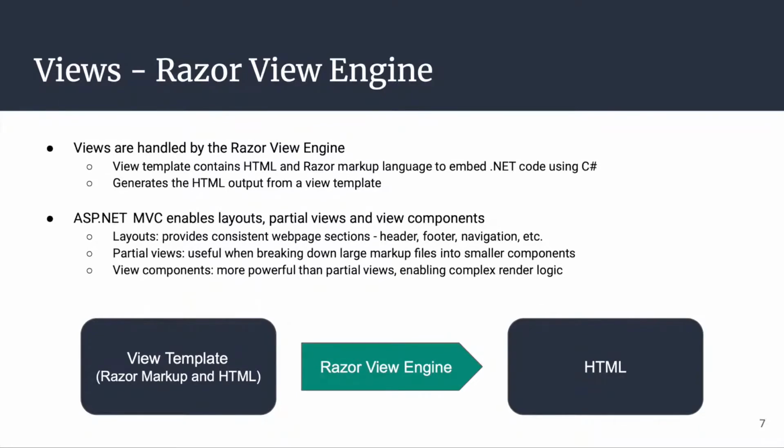An example of this is an author biography in a blog website, which may appear multiple times in many different views. On the other hand, if the rendered content requires code to be run, such as a database interaction, or has complex render logic, then view components can be used. Examples of view components are shopping carts, dynamic navigation menus, and login panels.